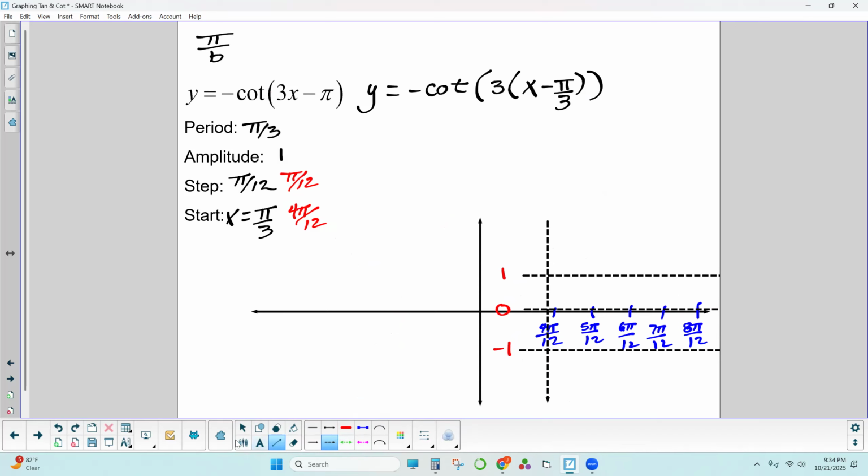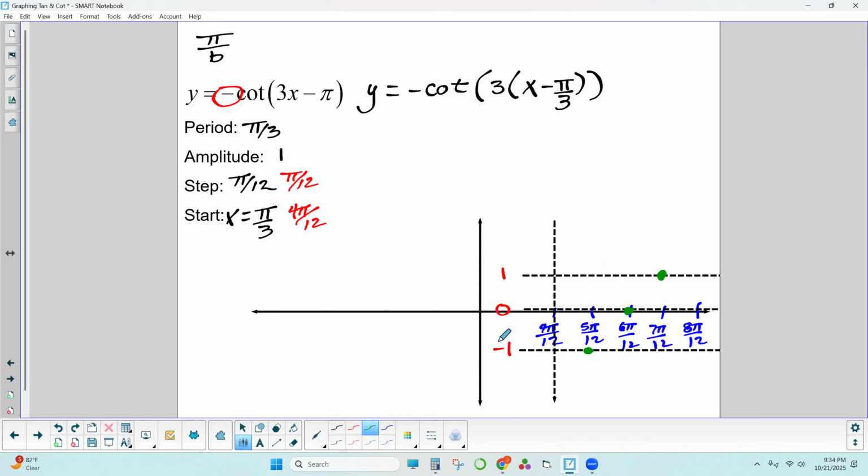Okay, scoot that over. And then cotangent starts high, mid, low, undefined. But it's been flipped. So instead of starting high, we're going to start low. So let's do this in green, low, mid, high.